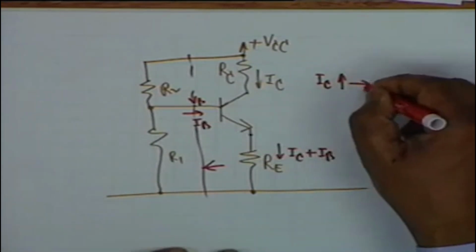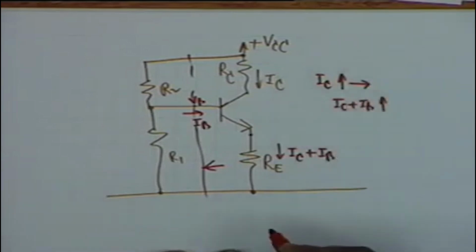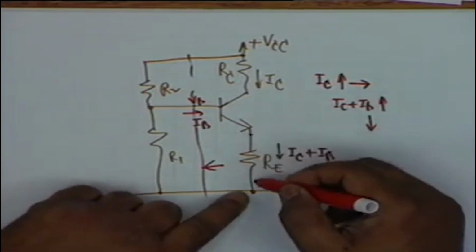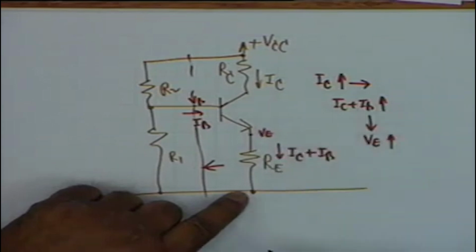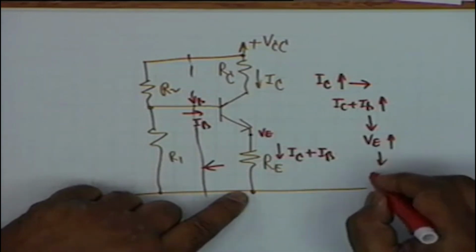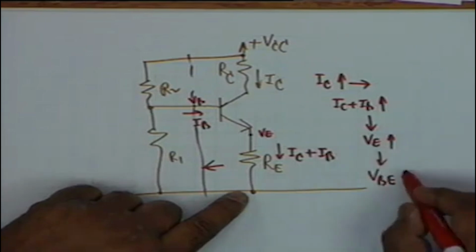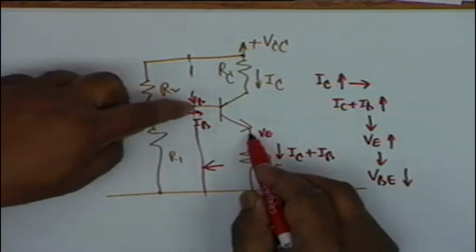If I sub C increases, then I sub C plus I sub B also increases. If that increases, then what happens? The drop across RE, you call this VE, increases. If VE increases, then what happens to VBE? Decreases. Isn't that right? VBE, this drop, shall then decrease.